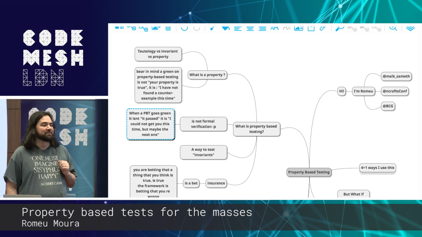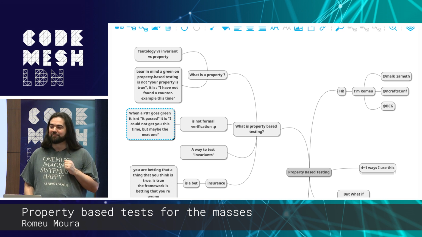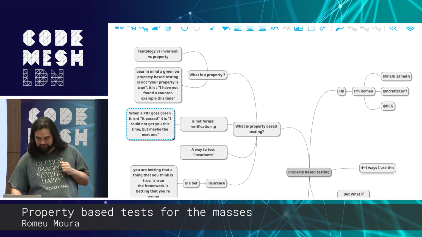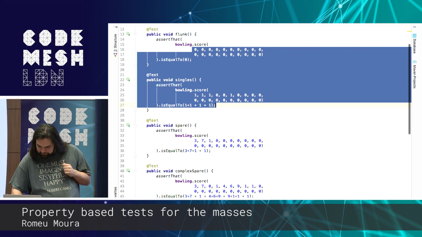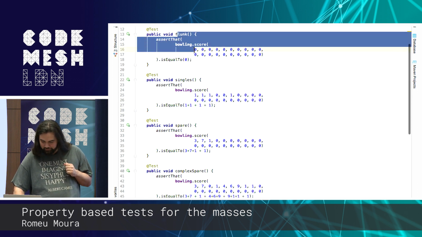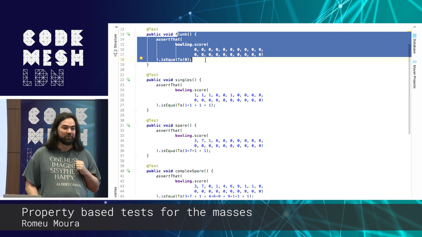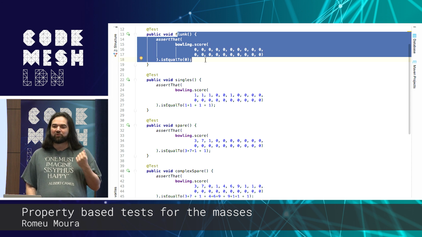What I argue is this is always the case. Any test you ever write will have exactly the same premise. This awful Java 6 test here, what it says is, when I go green, it doesn't say this is true. It says, I could not get you this time, but maybe next time I will. But it keeps trying the same thing. It tries the random input you decided at coding time. That's all.